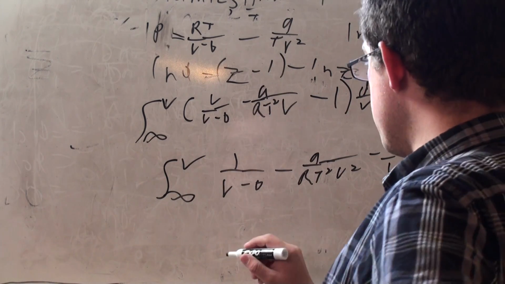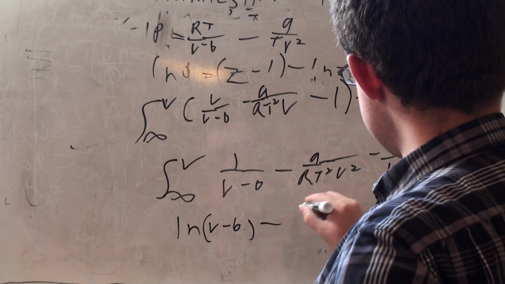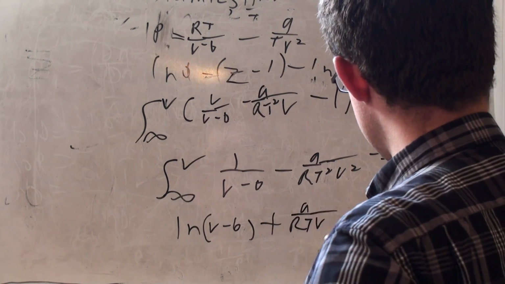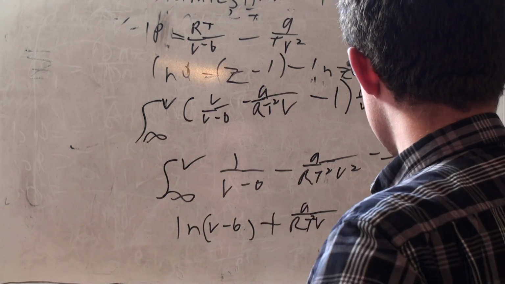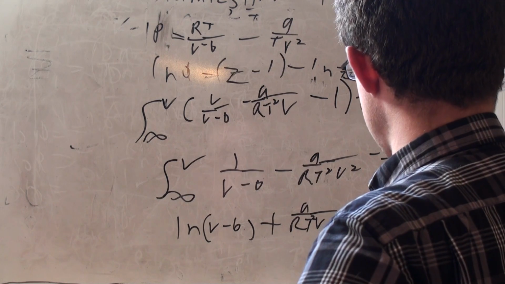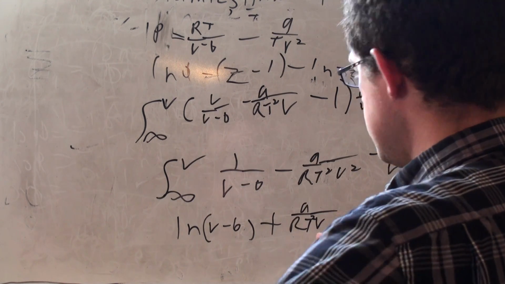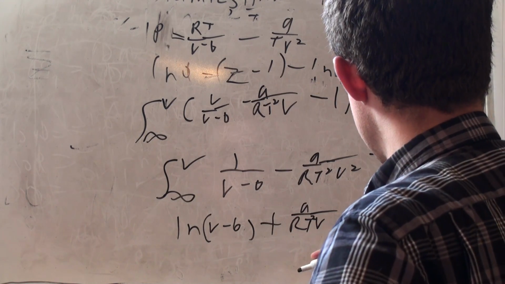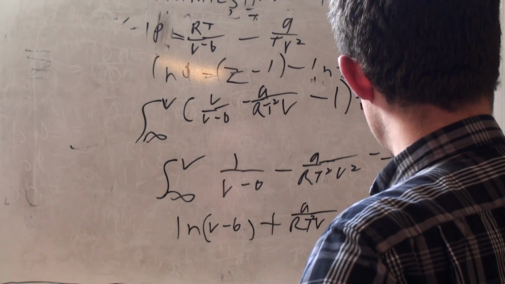And so I do my integral, I get natural log of v minus b, plus actually, a over RT squared v, minus natural log of v, from infinity to v.